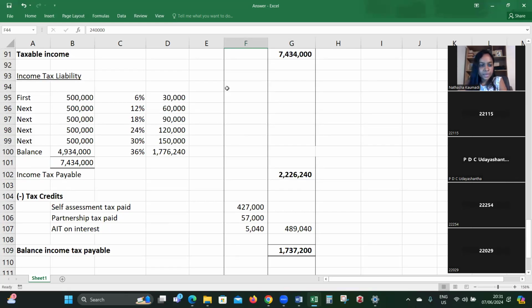So yes, we have one question, asking if there is ETF by the employee, do we need to deduct it when calculating employment income? No, ETF is paid additionally.